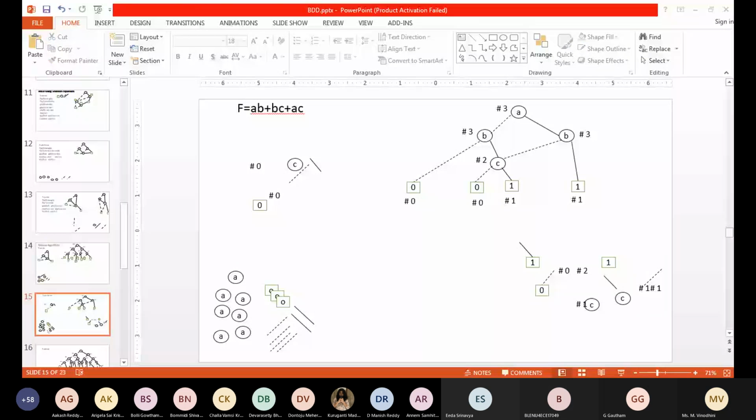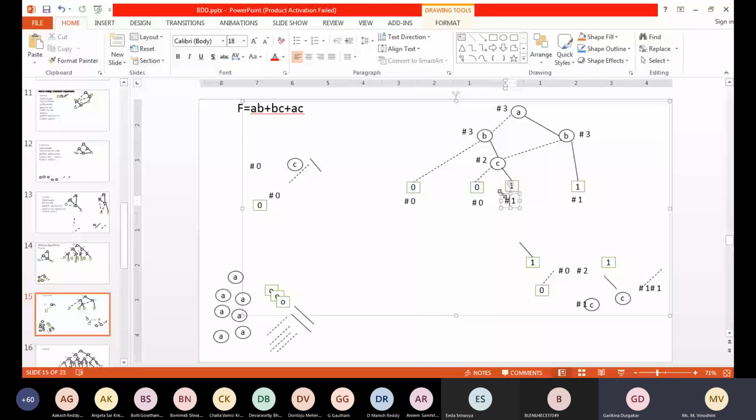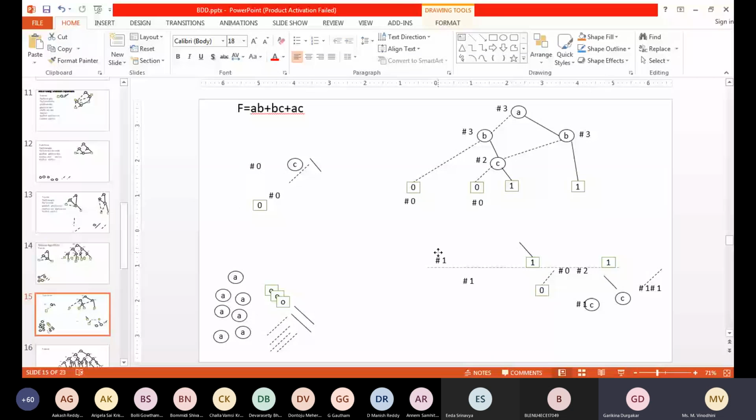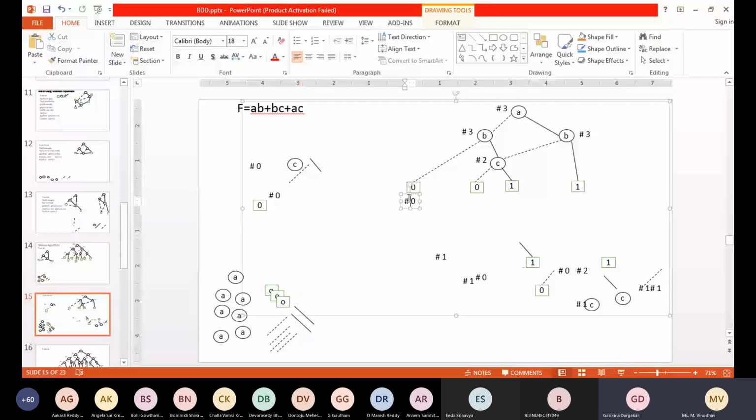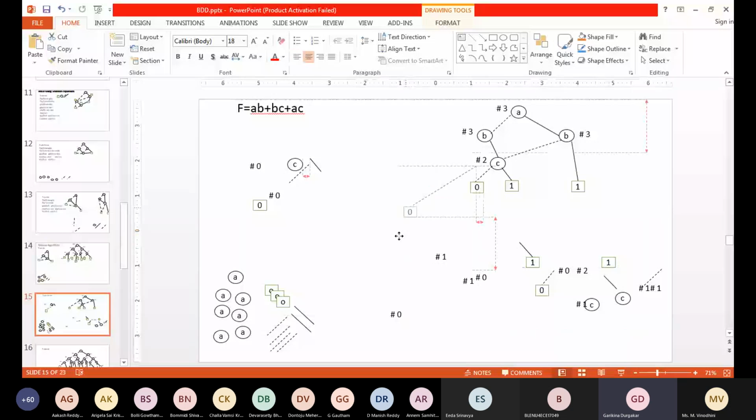Durgakar. Yes, ma'am. Can you tell what else I can do here? Do I need this many leaf nodes, or do I need only two leaf nodes, one with a 0 and one with 1? We need 2 leaf nodes, ma'am, one with 0 and one with 1. So can I remove?